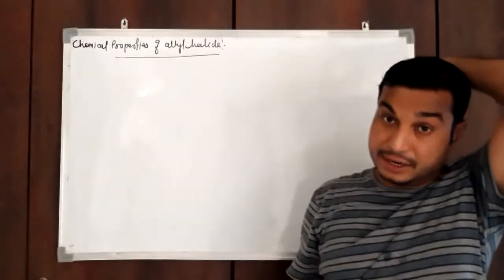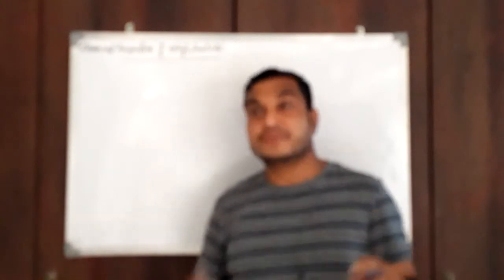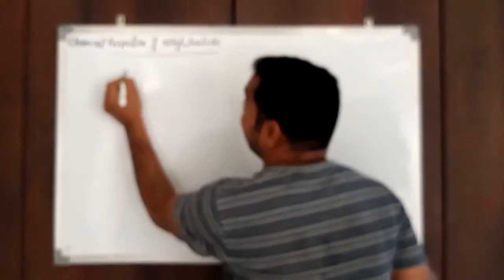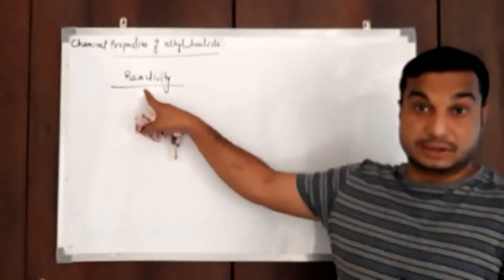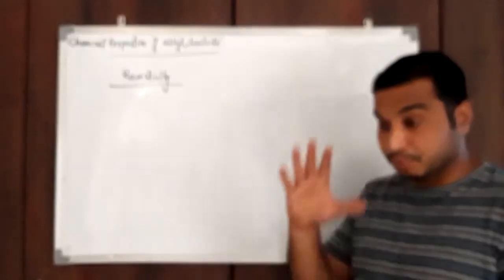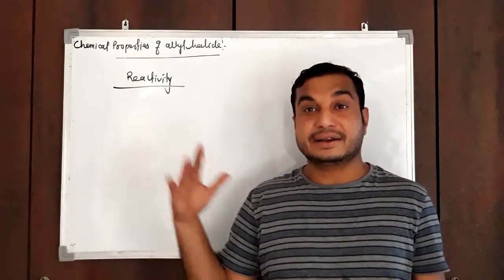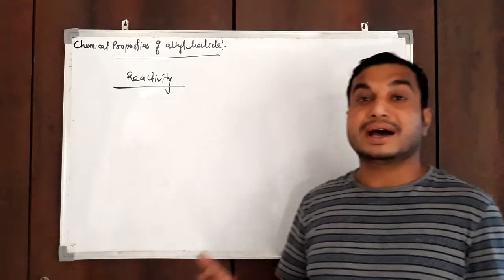We know the alkyl halide molecule is a polar molecule, so definitely these are reactive compounds, quite reactive compared to normal alkanes. Why? Because they are polar, having partial positive and negative charges. Therefore, they have higher reactivity than normal hydrocarbons.